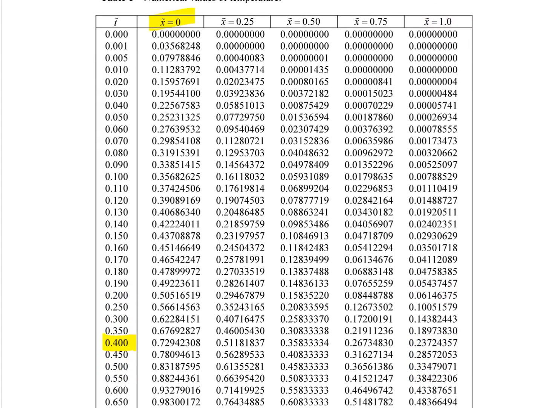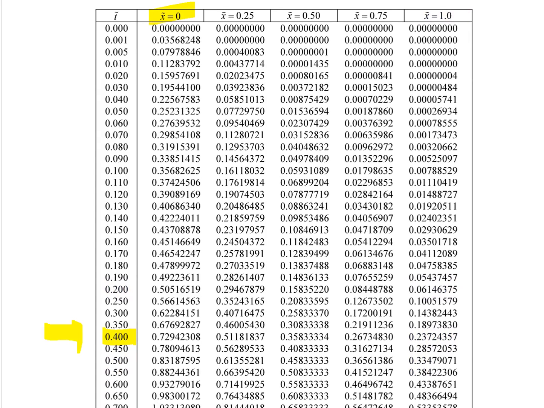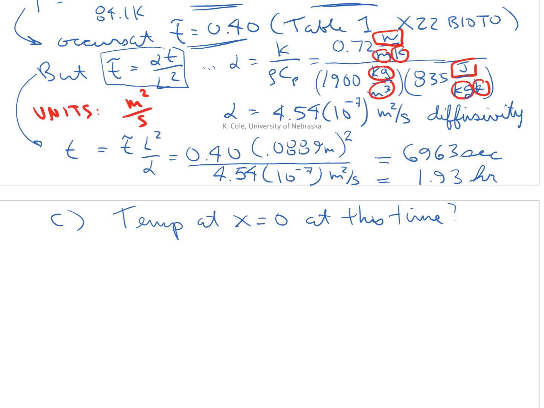And we're talking about this dimensionless time here, and that dimensionless temperature is about 0.729. So that's the temperature in dimensionless form at the front face. So the answer from the table gives the dimensionless temperature as 0.729 at dimensionless time 0.4. What is the temperature in centigrade at that location?